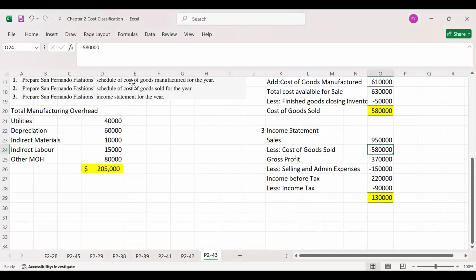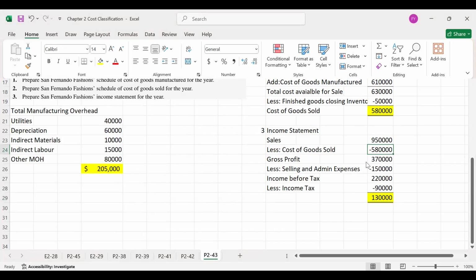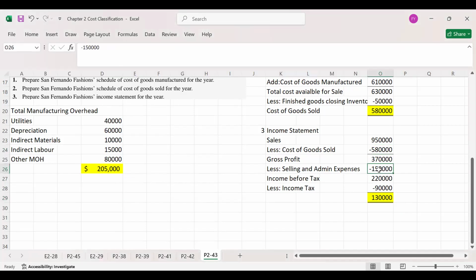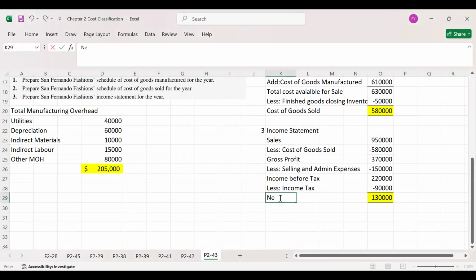So this is the format of cost of goods manufactured statement, cost of goods sold statement, and then income statement. So here we have net income, or you can say profit after tax.